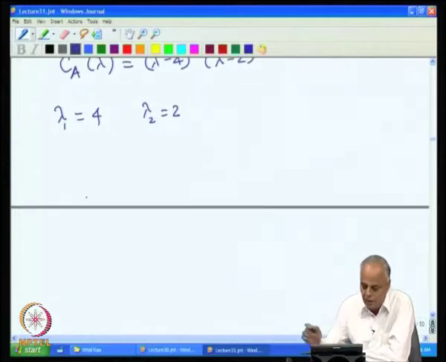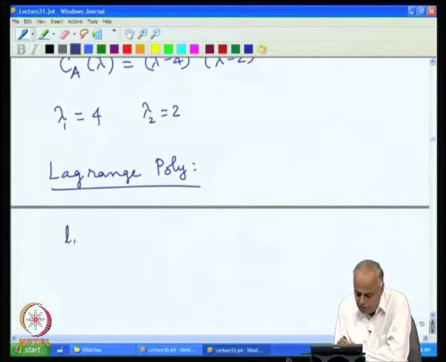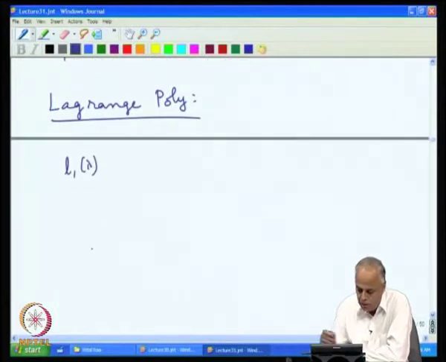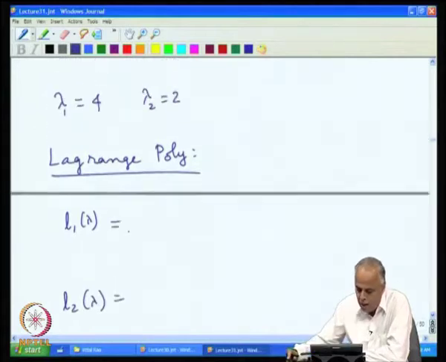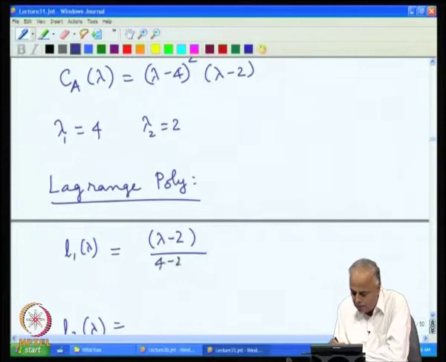So, now the construction of the Lagrange polynomials is much easier. Since there are two distinct eigenvalues, there are going to be two Lagrange interpolation polynomials. How do I get the first one? Out of the 2, I have to remove one of them. So, I get lambda minus 2, I should not take the first eigenvalue, I should take the second one, divided by, in the denominator you replace lambda by the first eigenvalue, which is (lambda minus 2) by 2.